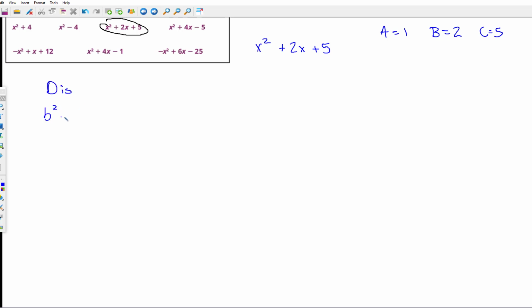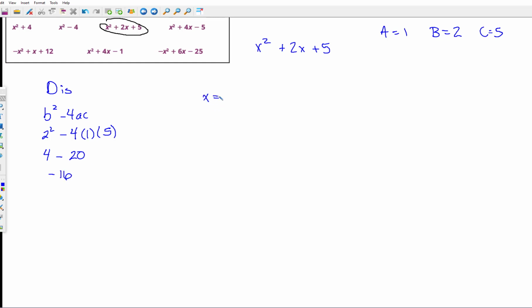And so b squared minus 4ac. And so b squared is going to be 2 squared minus 4 times 1 times 5. So 4 minus 20 gives me negative 16.